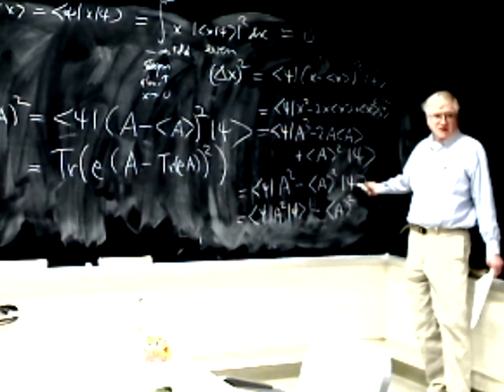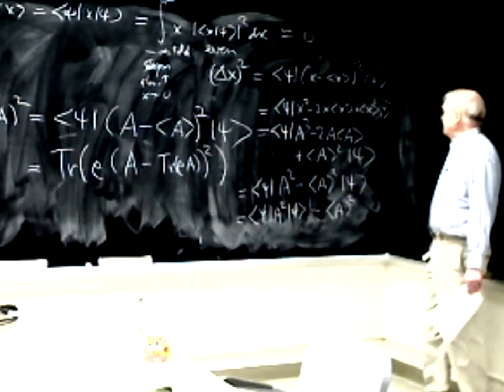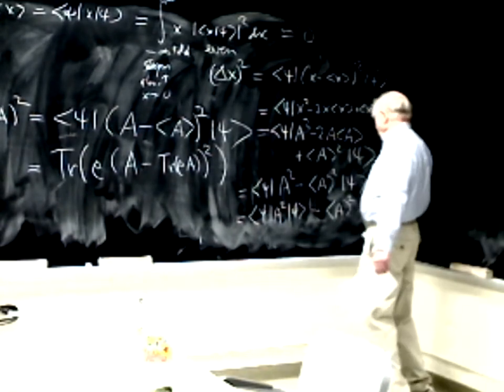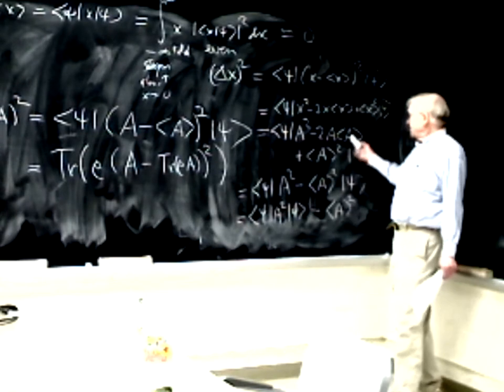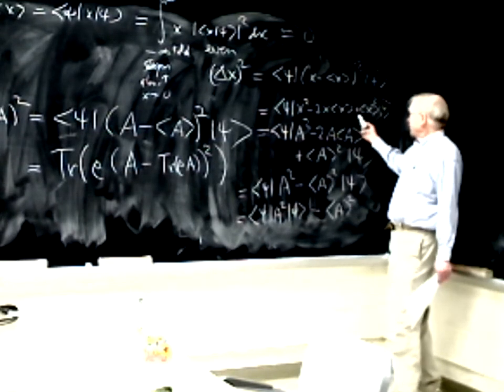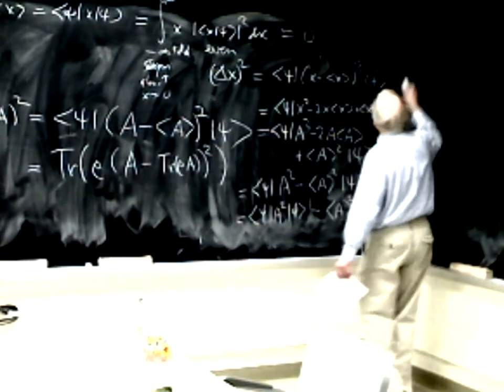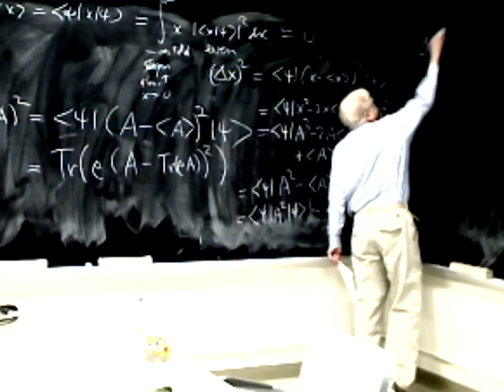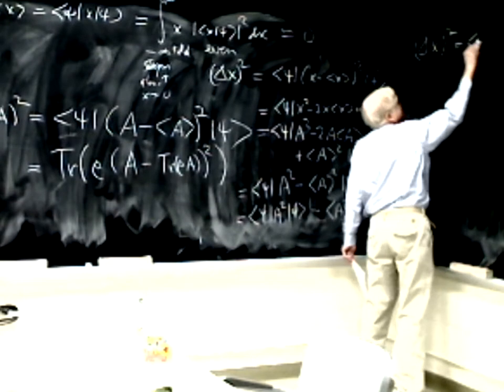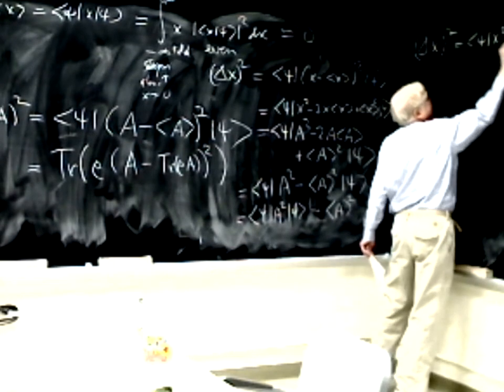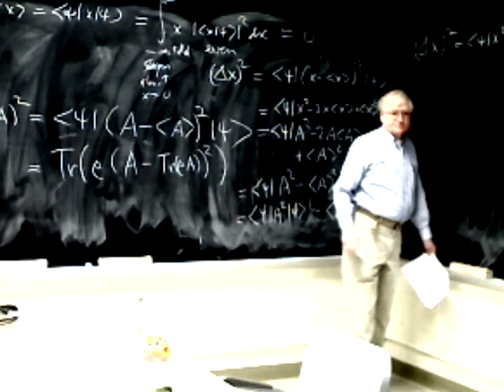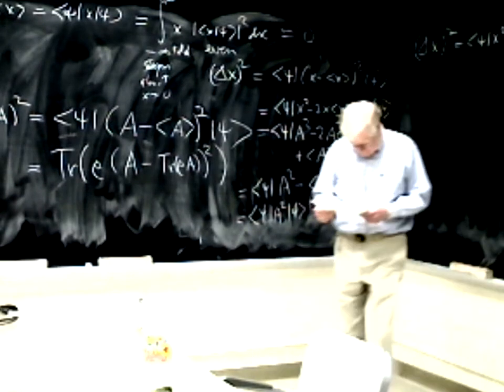So in this particular case, since the mean value of x is 0, this term vanishes, that term vanishes, and delta x squared is just the mean value of x squared in the state psi. All right.